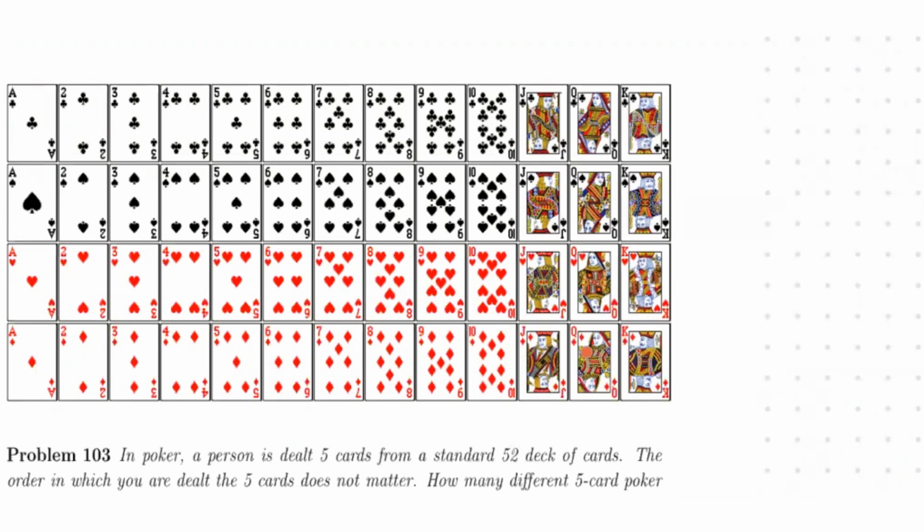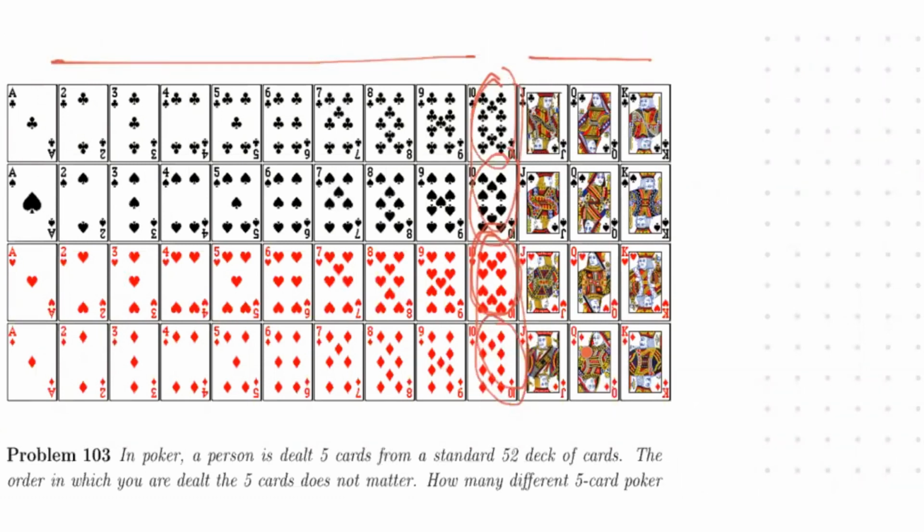What is this called? Clover. And we have spade, heart, and diamond. So 2 are red suits, 2 are black suits. Ace to 10, jack, queen, and king. No jokers.